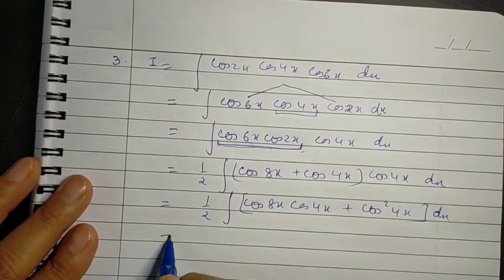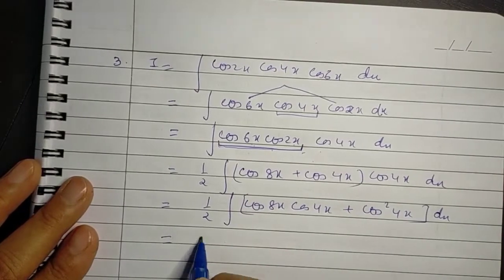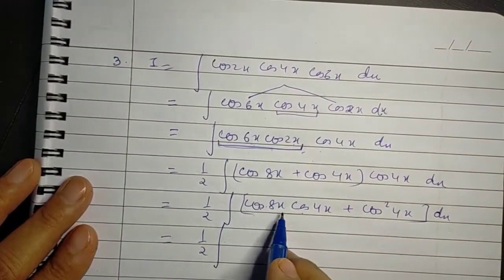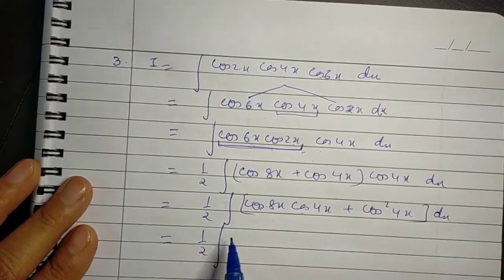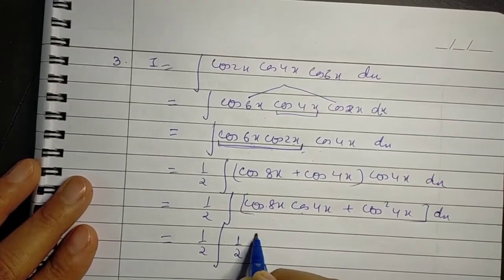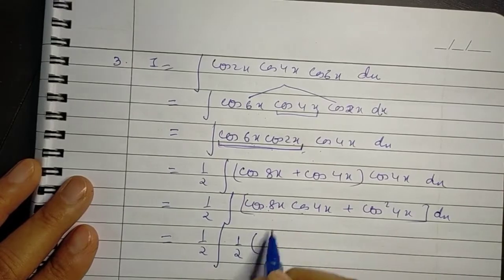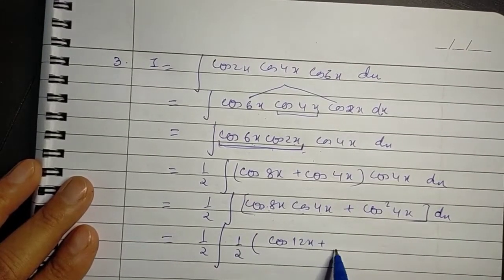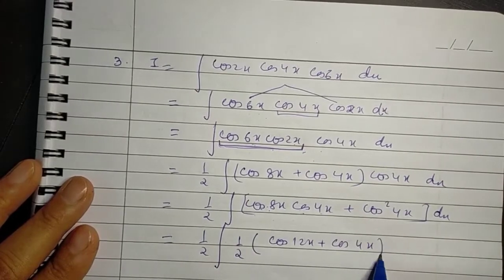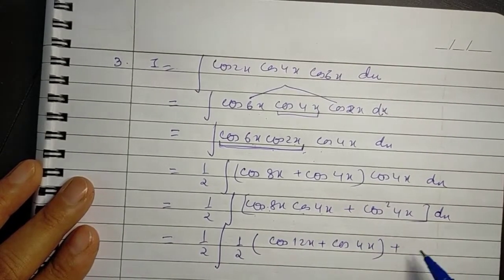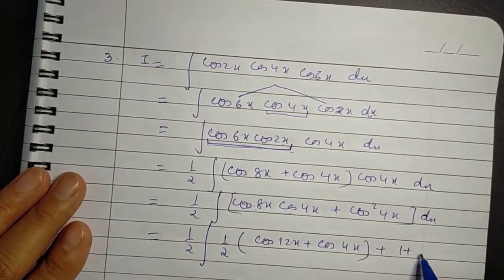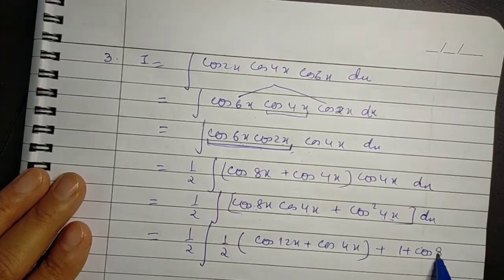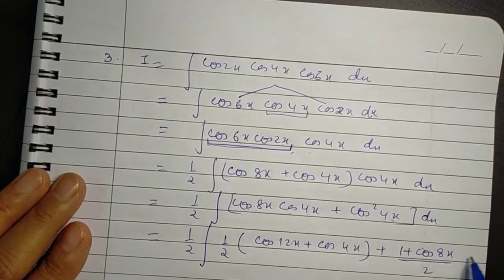Now again applying the identity, we get half of cos of the sum of these two, which is 12x, plus the difference of these two, which is 4x, plus cos squared can be written as 1 plus cos 2x, means cos of 2 times the angle, which is 8x, upon 2.